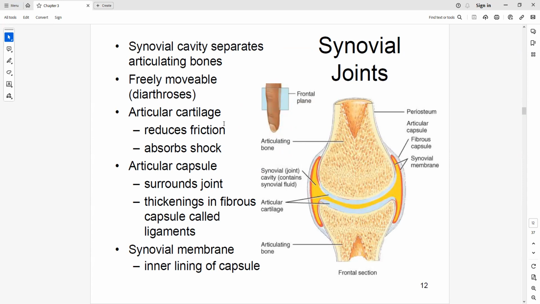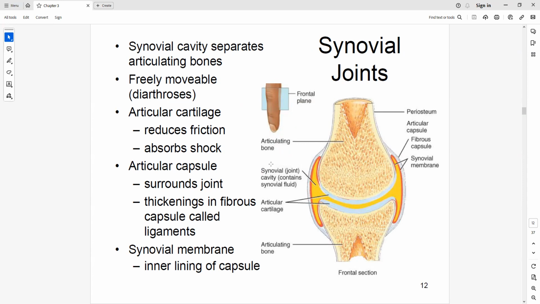And so here is the last and most complicated class of joints, the synovial joint. And this is named after the synovial fluid that's found trapped in the joint cavity itself. All synovial joints are freely movable, although again, we'll be seeing limitations to that.